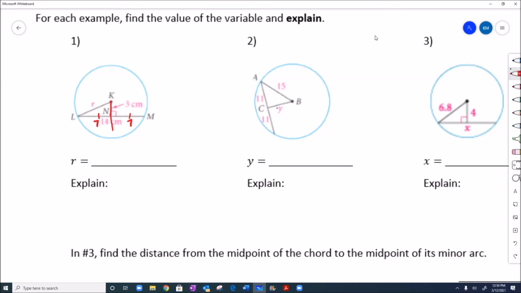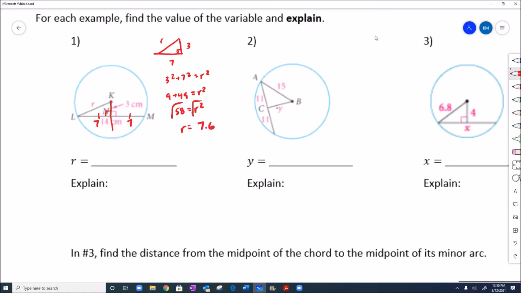Okay, as we're trying to find r, we have a right triangle. So in this right triangle, where we have our legs of 3 and 7, we can use Pythagorean's theorem. 3 squared plus 7 squared should give us r squared. 9 plus 49 equals 58. And so square root of each, we get r equals 7.6.